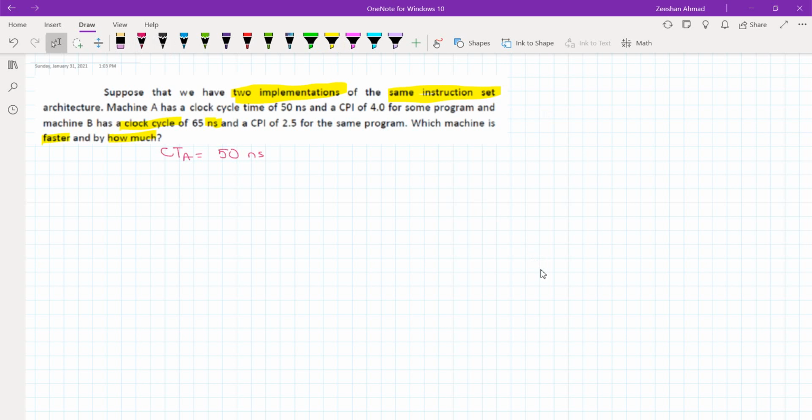If you want, you can convert it into 50 multiplied by 10 to the power minus 9. Similarly, the CPI of machine A is 4. Similarly, the cycle time of machine B is 65 nanosecond, and the CPI of machine B is 2.5 here. Okay, now the question is, which machine is faster?